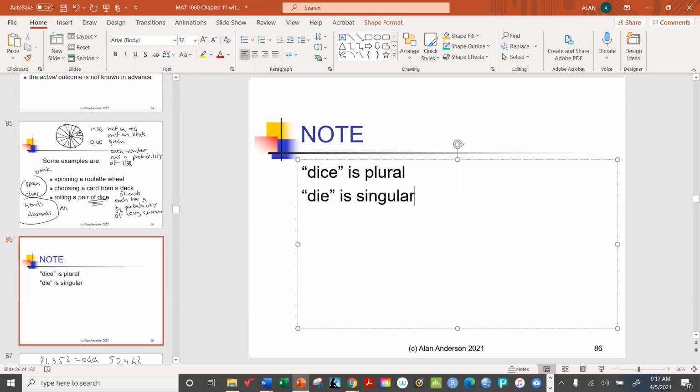So when you roll a single die, it's called a die. Each die is individually a die, but when you have two or more, it becomes dice.